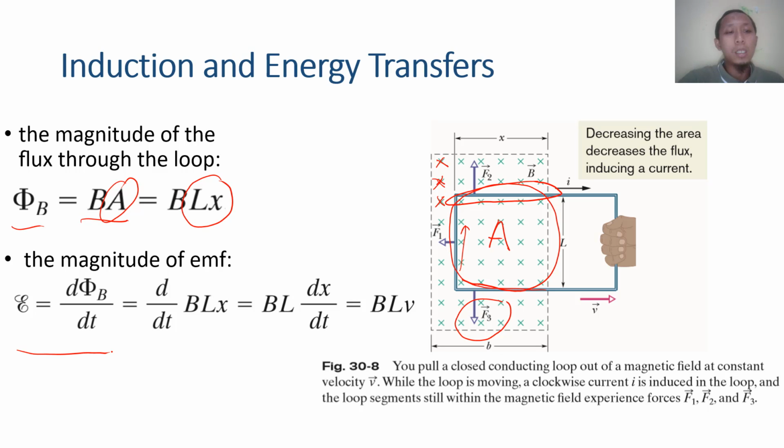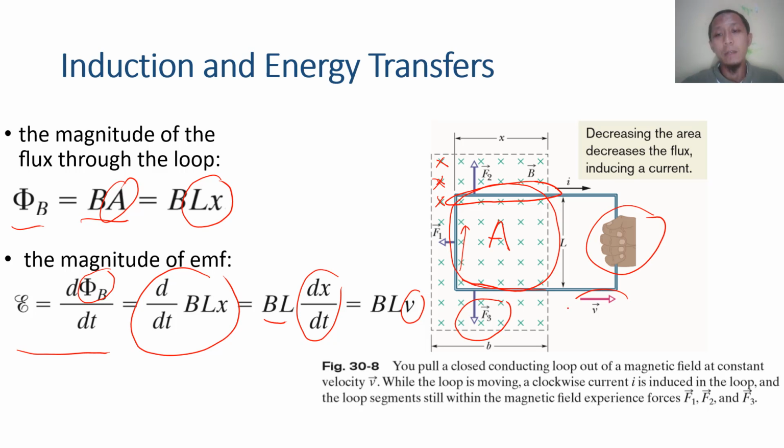So the flux changes by BLX, so d BLX per dt. BL is constant, so we can move it out: BL dx per dt, and dx per dt is v. V is the velocity of the motion of the wire. So the EMF is BLv.